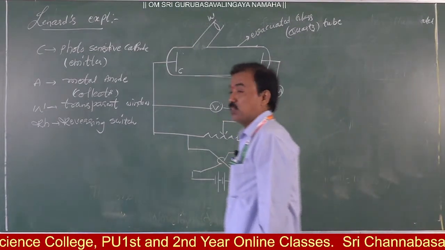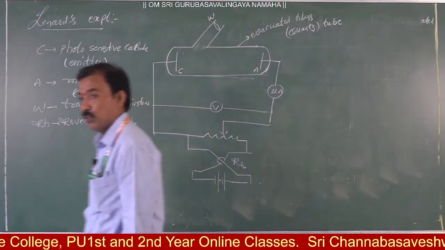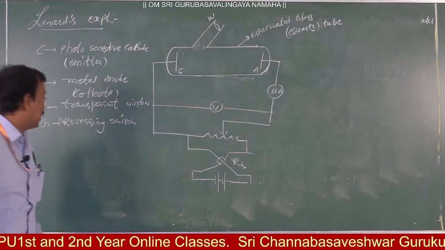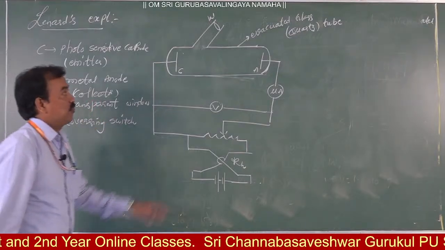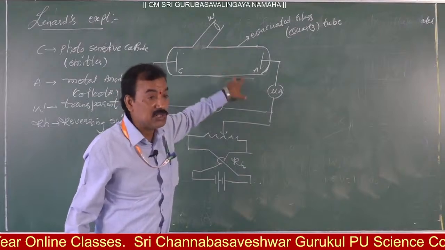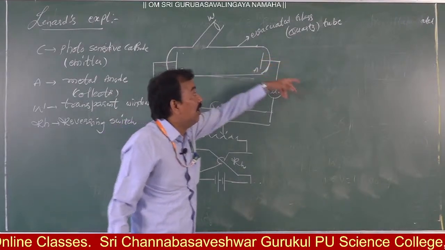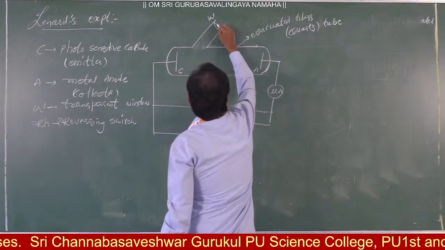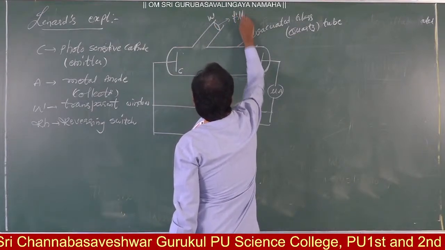So C is the photosensitive cathode. A is the metal anode, also known as collector. This glass tube is the evacuated glass tube, or it can also be a quartz tube. W is the window, and this one is the filter.